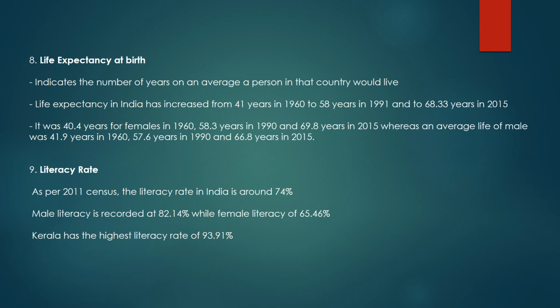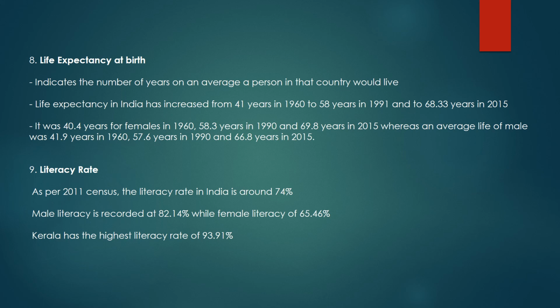As far as males and females are concerned, it was 40.4 years for females in 1960. It has increased to almost 70 years in 2015 for females, whereas the average life for a male in India was 41.9 years in 1960, which has increased to 66.8 years in 2015.